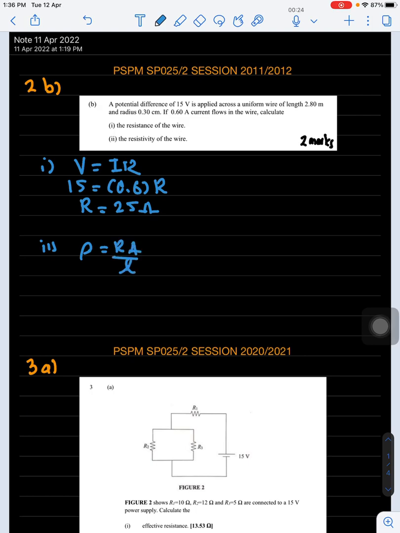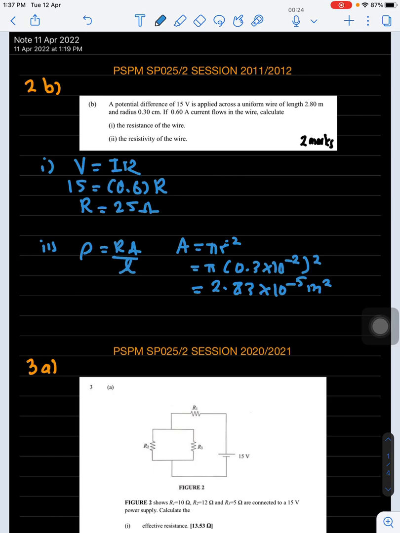So we need to find the area of the wire first using pi r squared. So the radius is 0.3, change to meter, 10 to the power of -2, squared. So it equals 2.83 times 10 to the power of -5 meter squared.